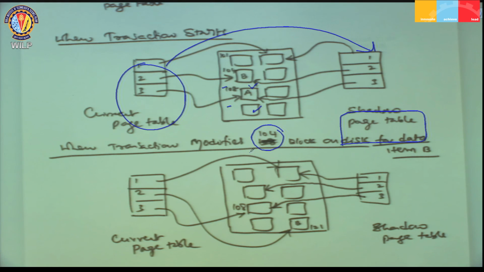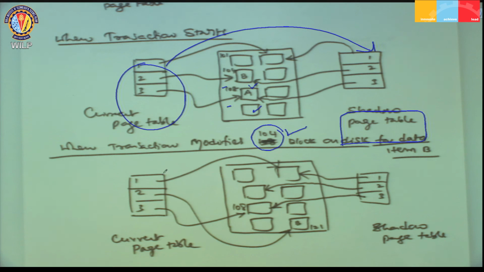Then whenever such modification or update takes place, the modifications are reflected only in the current page table. The shadow page table entries are not modified at all.